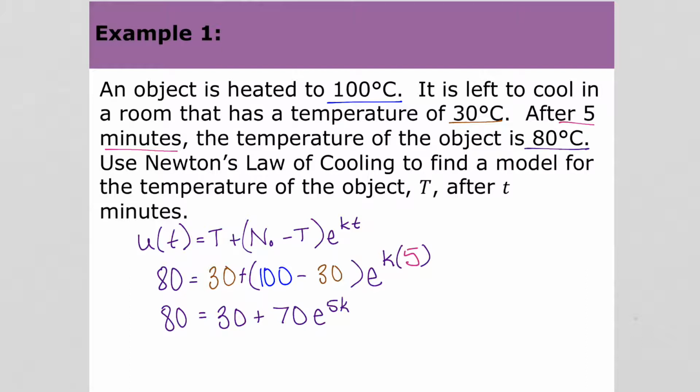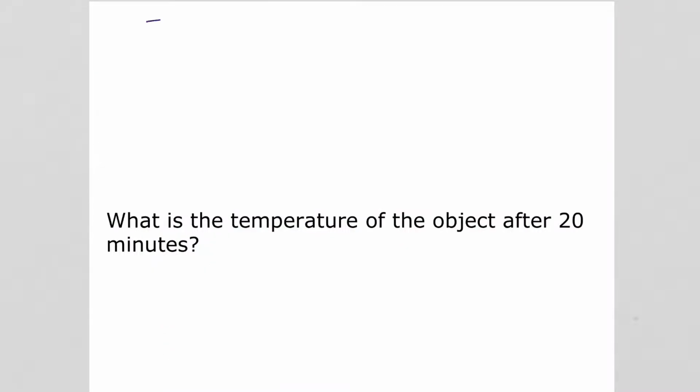So we can't do that, but we can subtract 30 from both sides. And now we can divide by 70. So we would end up with 5/7 equals e to the 5k.